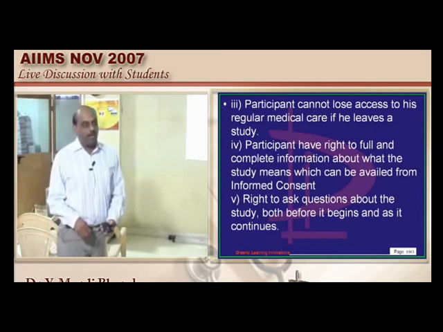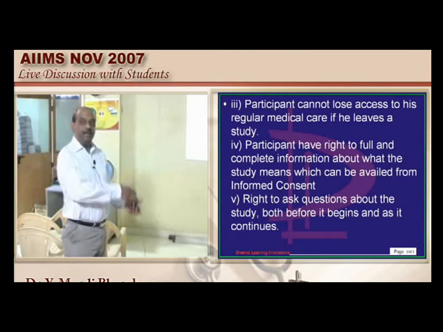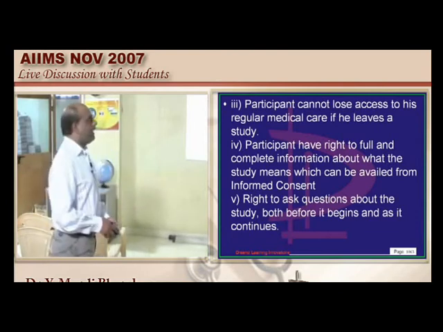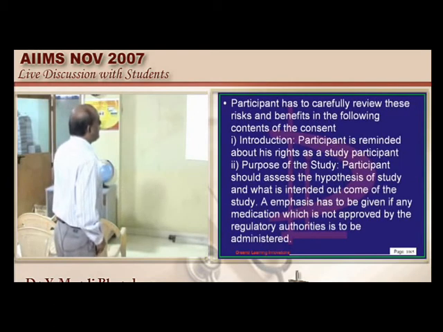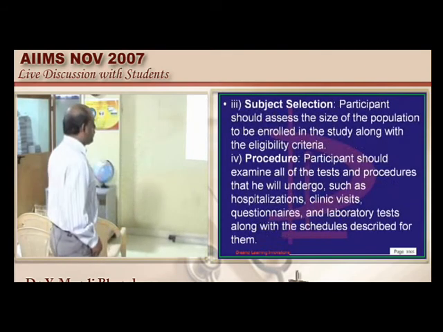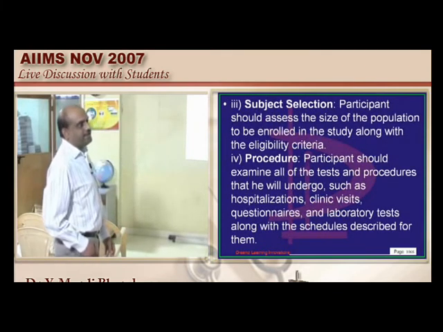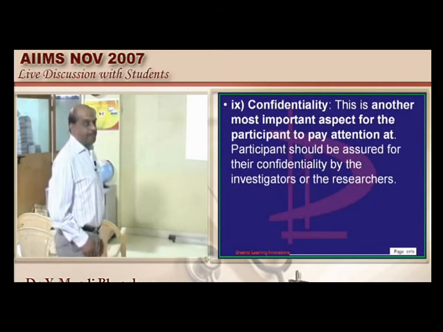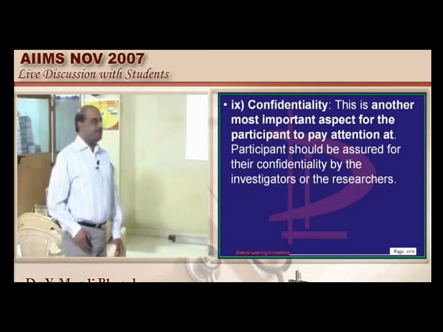Just because you are giving a novel drug, you should not stop him on the conventional traditional drugs. Like that some rules are there. And also the introduction, purpose of study, subject selection, procedure, risks and discomfort, alternative treatments available, withdrawal, cost of payment, confidentiality, they are all the components. So I don't know what the other options given among this were.